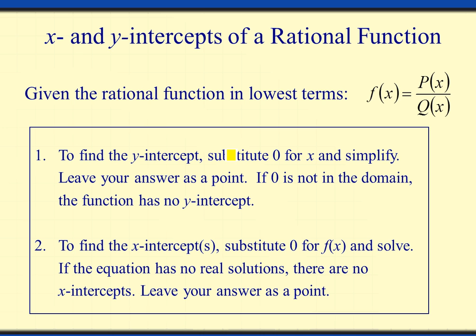To find the y-intercept, always remember how we find a y-intercept. It's the x value that's 0, so we substitute a 0 in for x and we calculate the y. Of course, if 0 gives us an invalid result, like a denominator of 0, then the function has no y-intercept because x would have to be 0 and is not allowed.